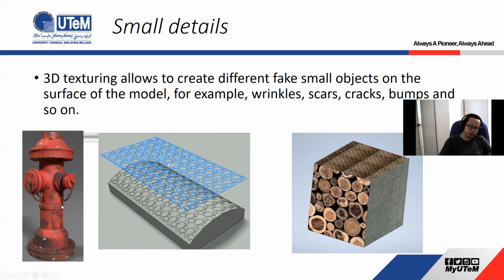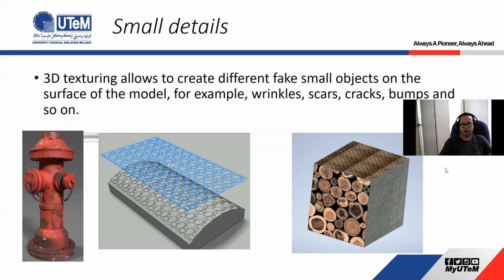This is also not real. These wrinkles are a fake interface. This is not real wood, right? But it only gives us the impression of the material on the product.